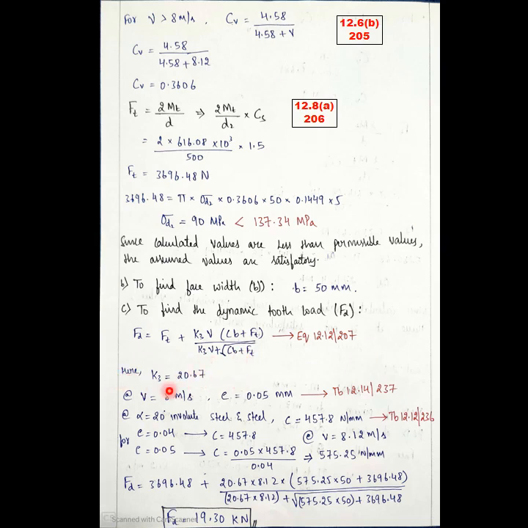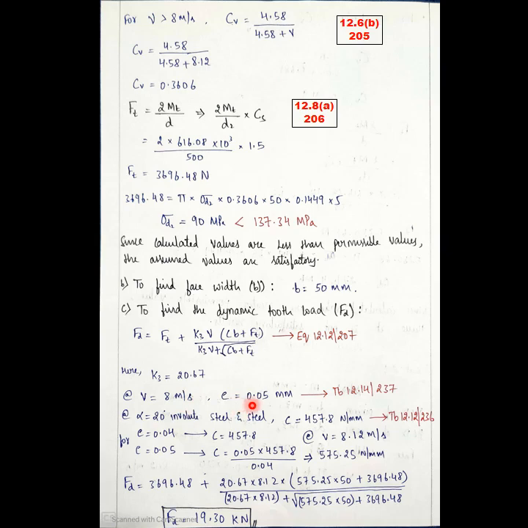If you see page number 207 clearly, below this formula k3 is given, that is 20.67 in SI units. You have to take that. Now the velocity is 8 meter per second.